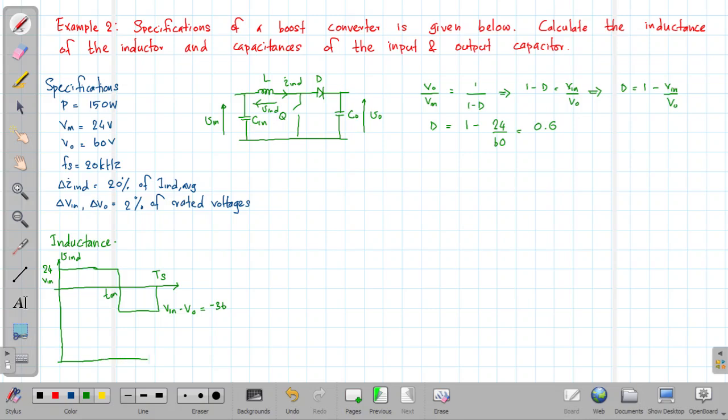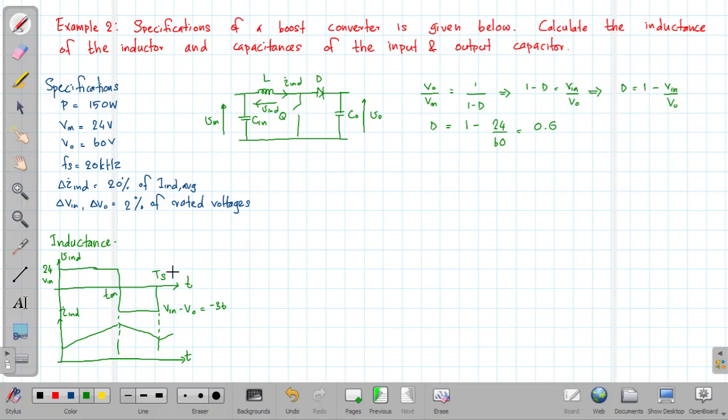During this time the current flowing through the inductor is going to linearly increase and decrease. So this is the inductor current.